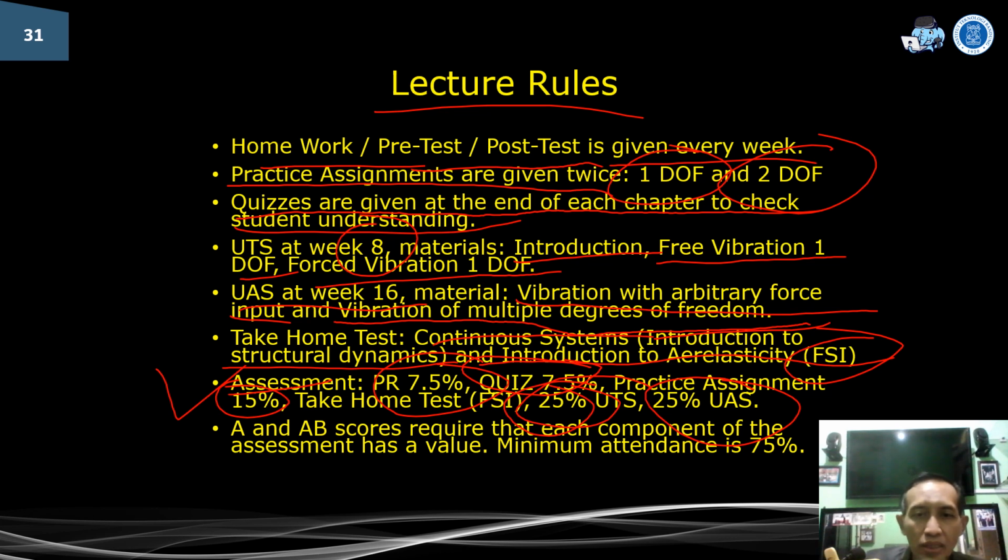A and B scores require that each component of the assessment has a value. And then minimum attendance is 75%.